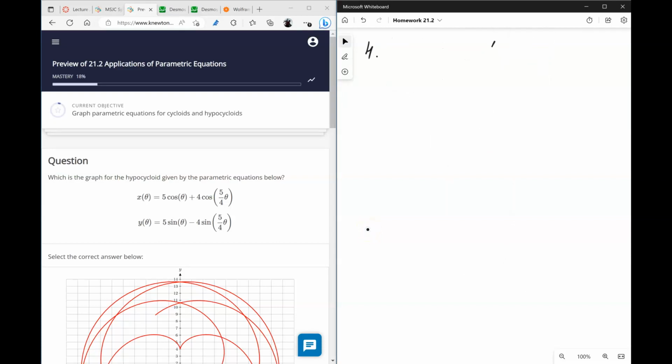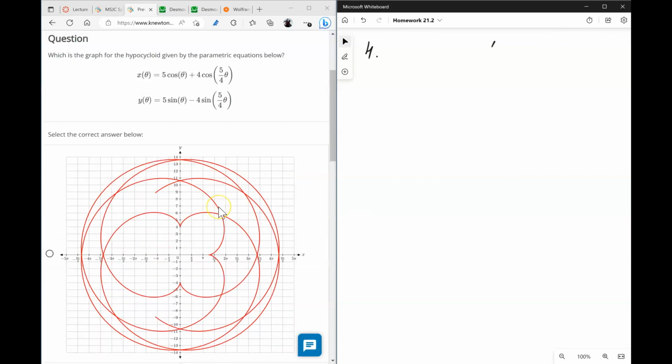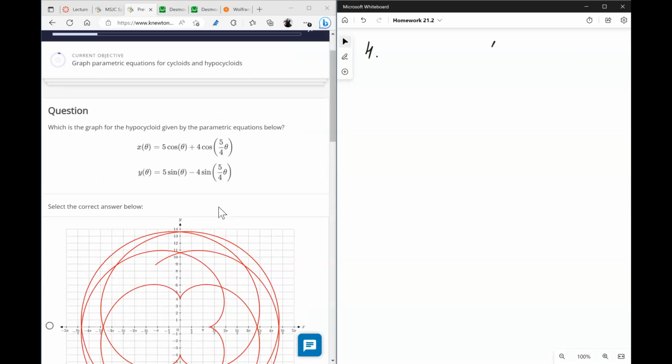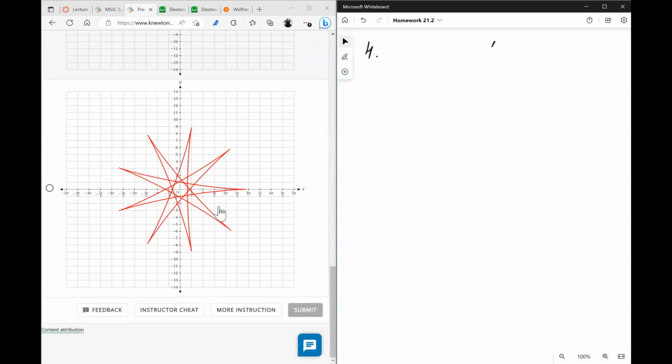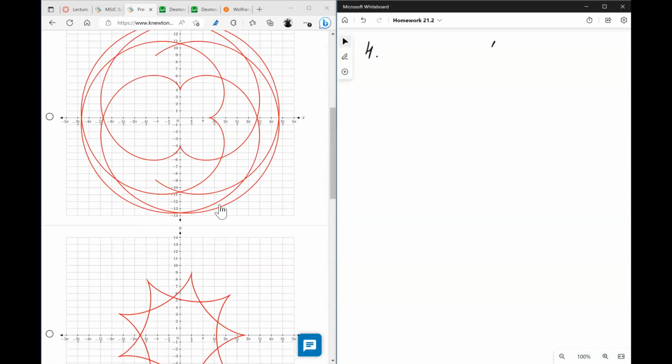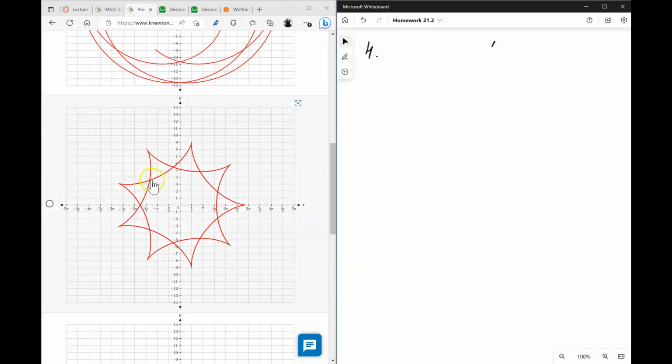Alright, number 4. Which is the graph for the... Okay, so some of them are not even hypocycloids. Is this even connected? Oh yeah, this one is connected, right? So the best way will be to graph it.